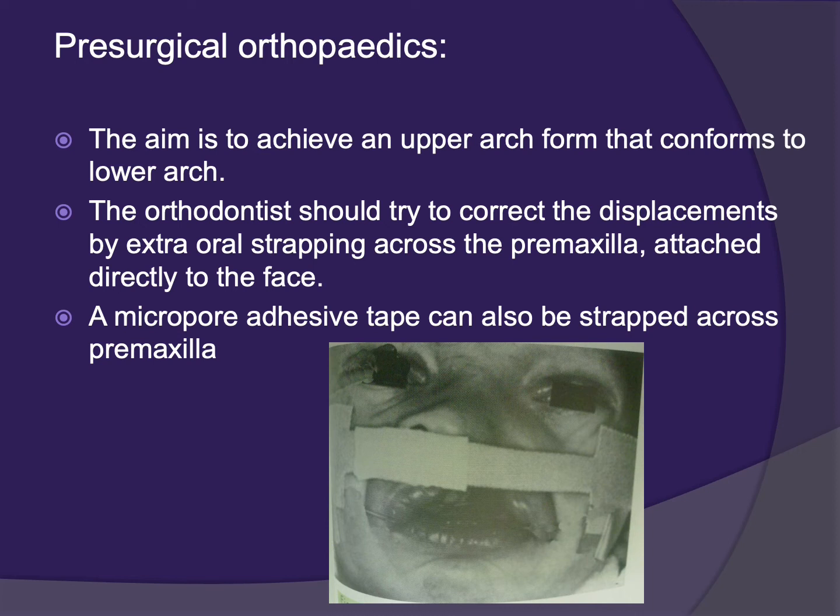Sometimes this strapping will be done by the orthodontist, sometimes the oral maxillofacial surgeon will do the strapping, and sometimes the plastic surgeon will do the strapping. That's why in cleft management there is a multidisciplinary team where all the specialists can do the management together.